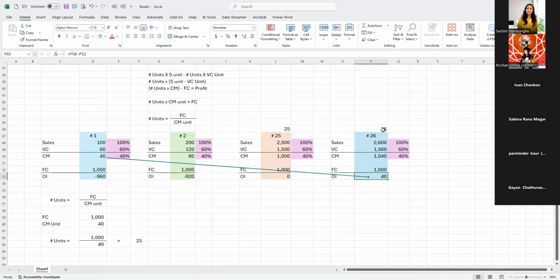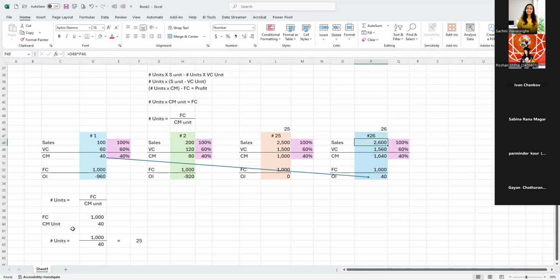Let's see if that's going to happen. 10 units more is 35, right? If I sell 35, my operating income is $400. Why 400? Because I'm selling 10 more than break even. $40 per unit comes directly to my operating income. Do you understand this? Yes, Professor. Okay.